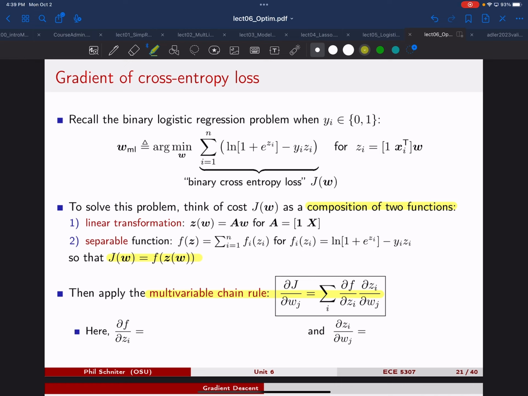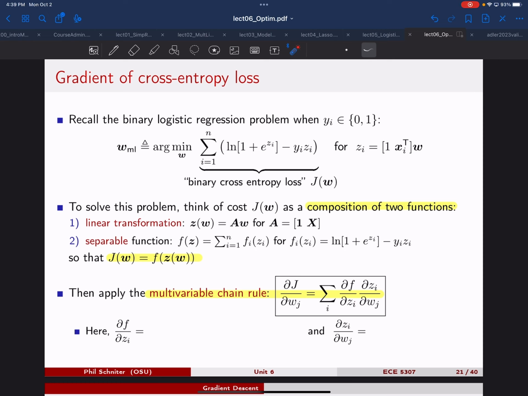And it's relatively easy to remember. Whenever you have a cascade like this, and you want to take the derivative with respect to something on the input here, dJ/dw_j is a sum over all the intermediate variables inside here, z. So sum over these indices i of df/dz_i times dz_i/dw_j.